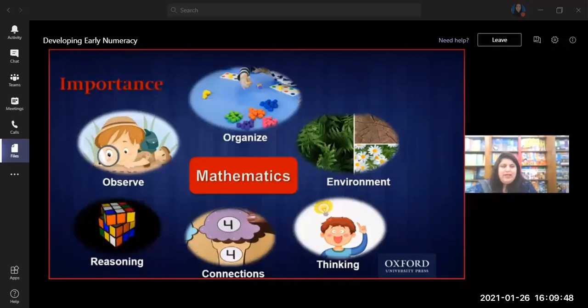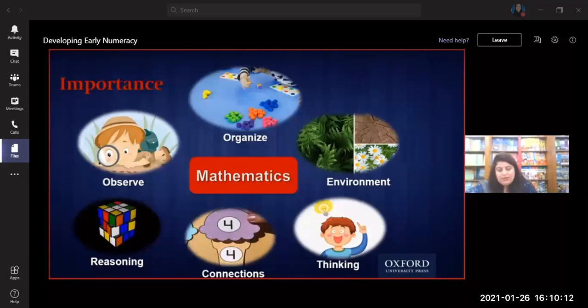It's very important to actually teach maths at a younger age, because developing numeracy skills at an early stage is very important. Children start observing, organizing, and finding meaning in their environment. They focus on reasoning, connecting ideas, and thinking logically.